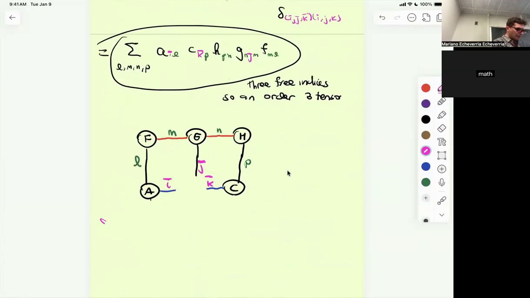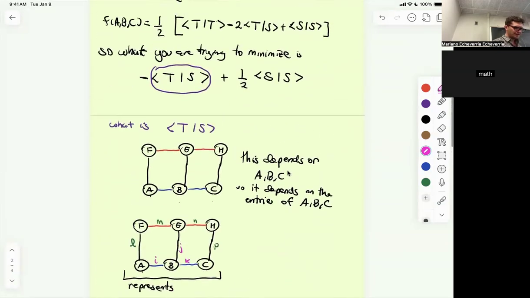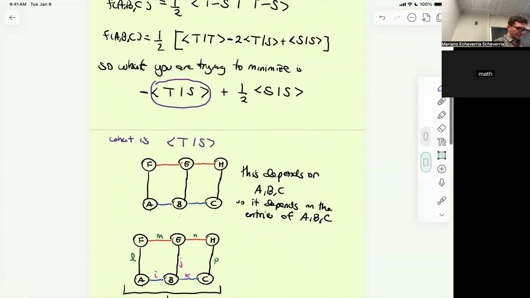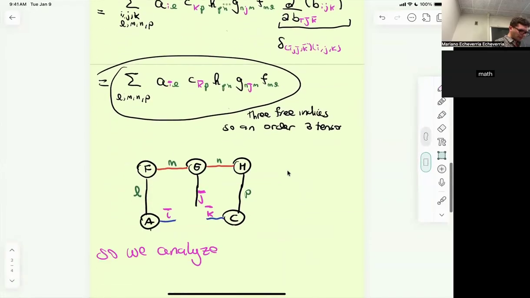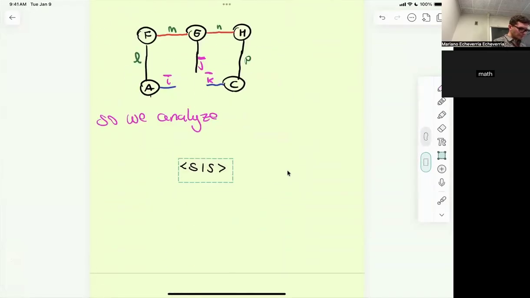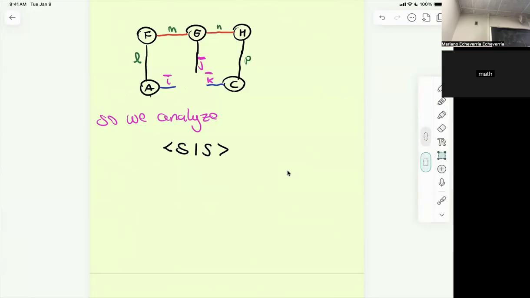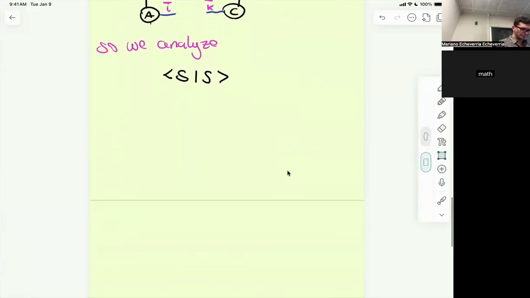Now we analyze this term as with S. Again, as with S, now it's the tensor ABC with itself.